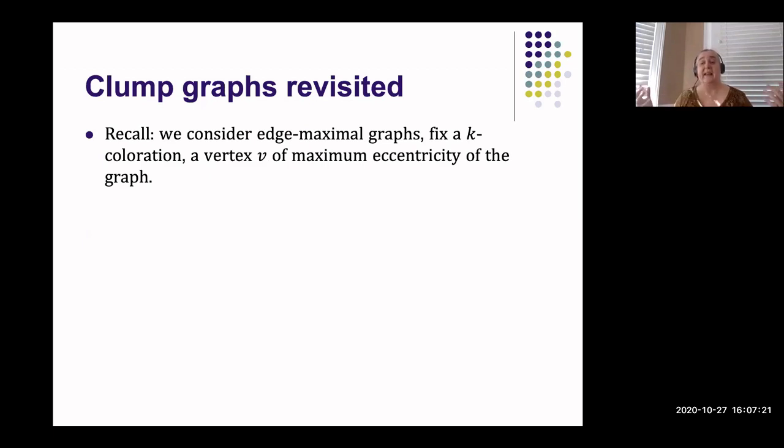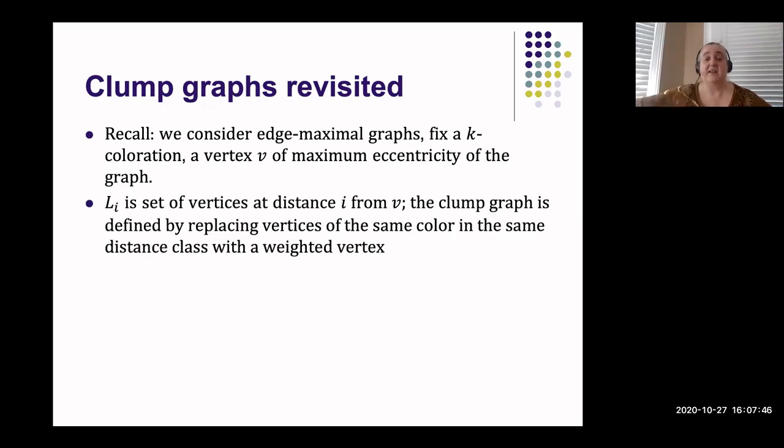So what can we do in terms of upper bounds? I'm going to now shy away from maximum clique size. We consider k-colorable graphs because we can use clump graphs, and clump graphs are much easier to handle. So we consider H a maximal graph, fix a k-coloration, vertex v of maximum eccentricity, L_i is the set of vertices at distance i.